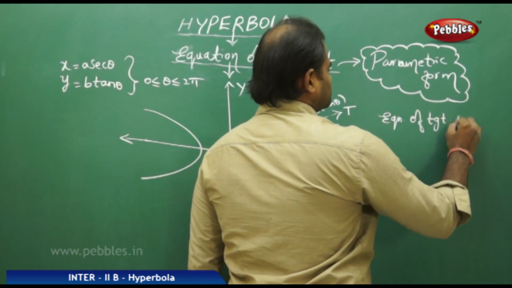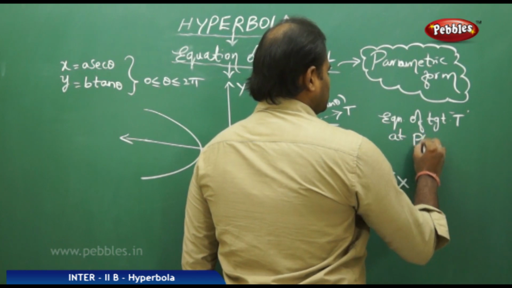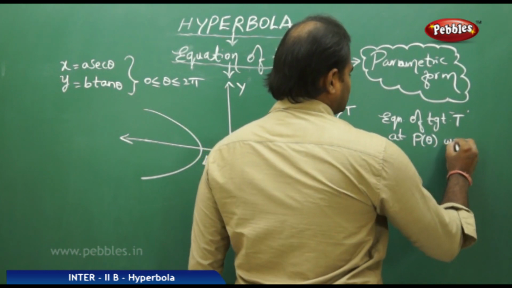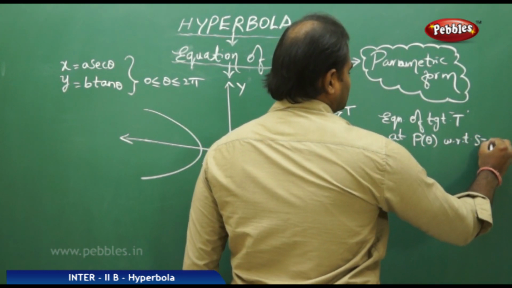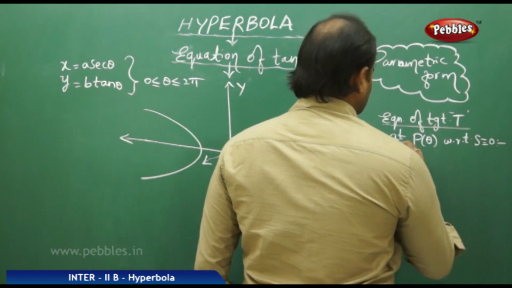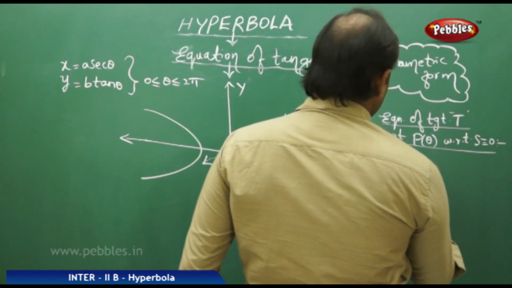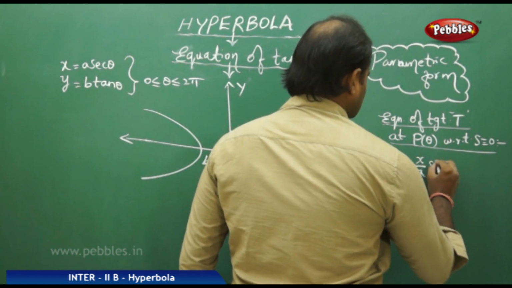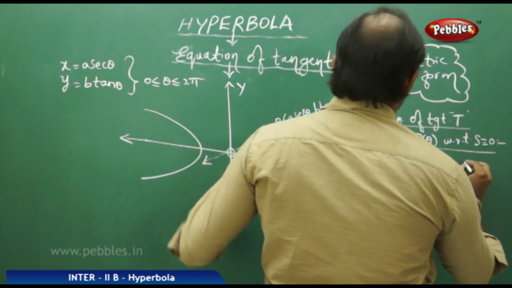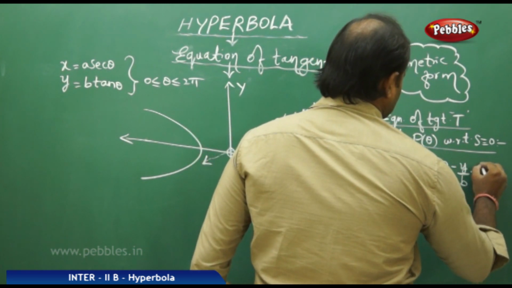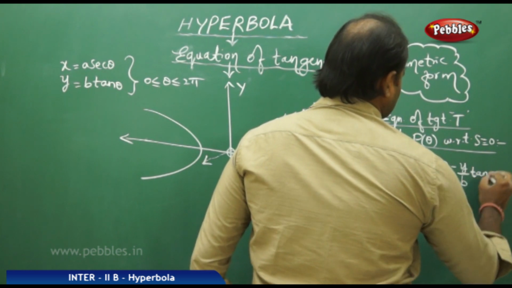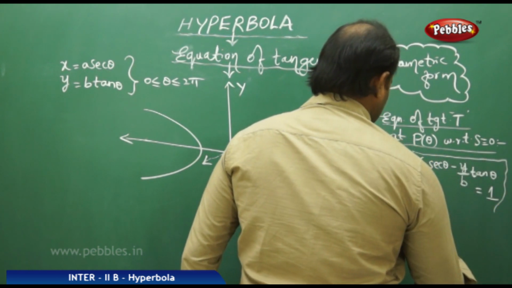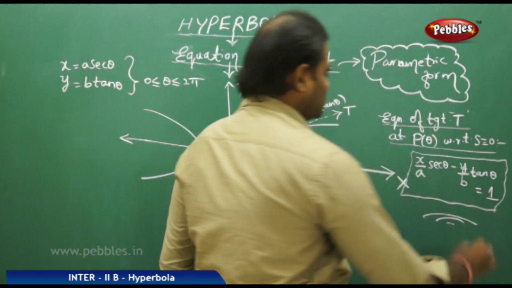The equation of tangent T at P of theta with respect to the hyperbola in parametric equations is given by x by a secant theta minus y by b tan theta equal to 1.